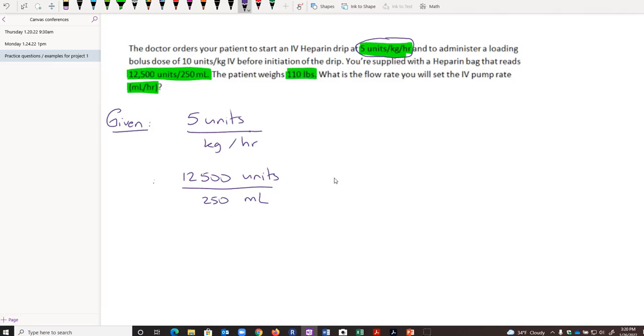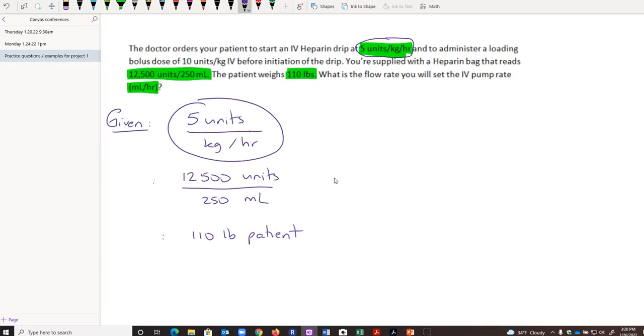That's your bag of heparin that you're using to set this up. And then we're also told that the patient weighs 110 pounds. Okay, and that's important because the drip here is per kilogram of body weight of the patient.